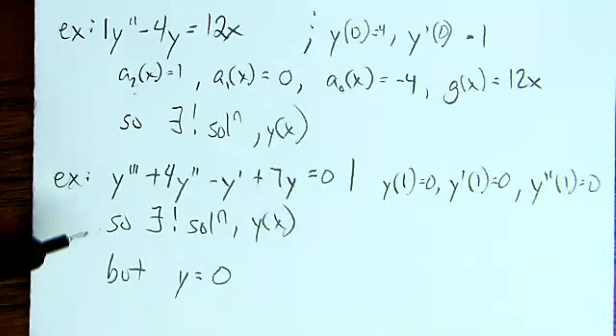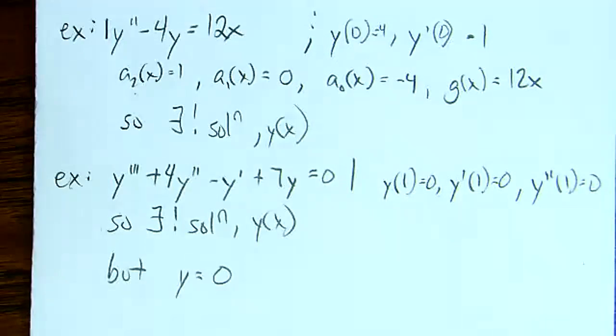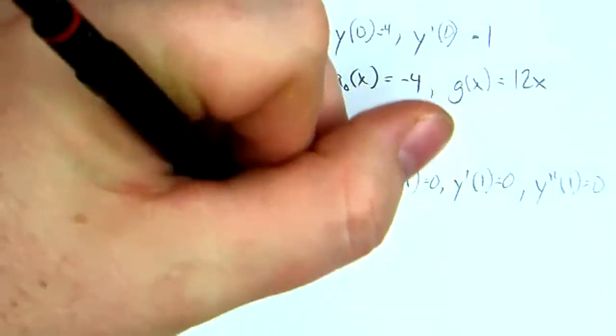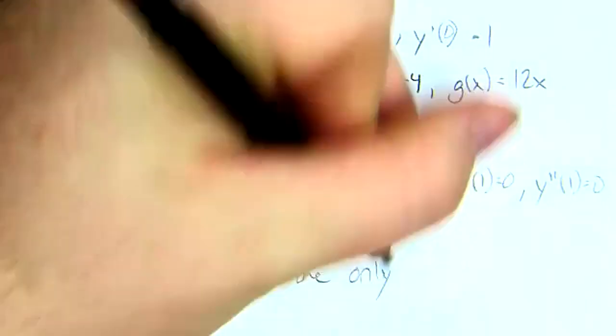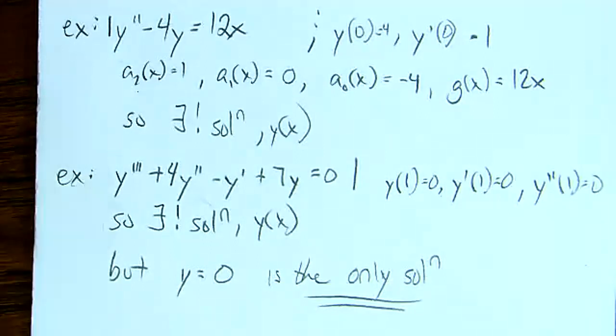But we just said there exists a unique solution, only one solution to this differential equation. So this is the only solution, because given these initial conditions, we were able to find a solution, and that solution was guaranteed to be unique. Thus, this is the unique solution to this differential equation.